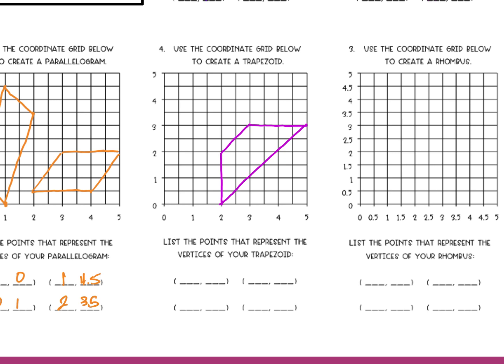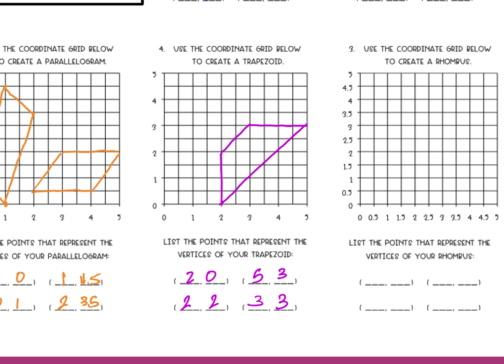So we've got (2, 0), and (2, 2), and (5, 3), and (3, 3). I think that should be one. I think that looks like an isosceles. Yeah, that looks like one.